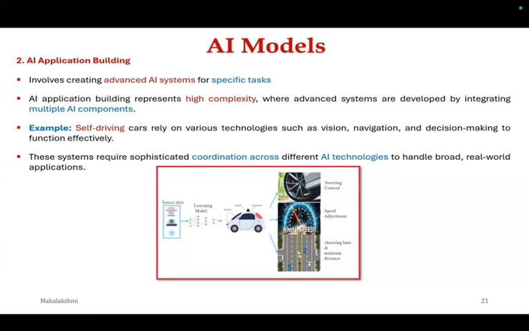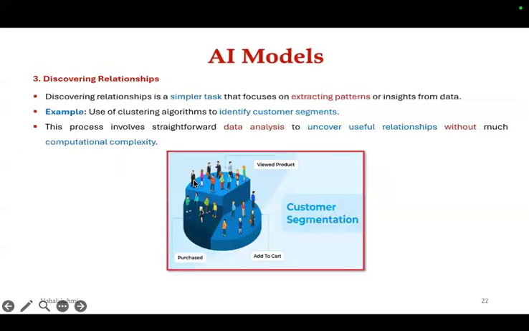For all these various applications, you will be using multiple AI systems. To connect all these systems, the technologies enabled with vision, navigation, and decision making should be effective. So this is a sophisticated model because many coordinations are required across the different AI parts with the different AI technologies. So this is a broader domain.